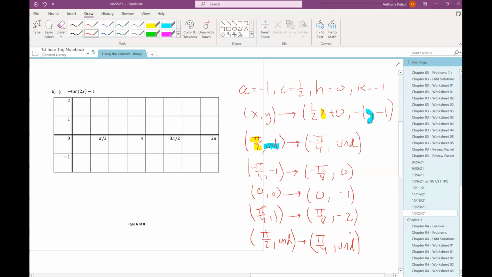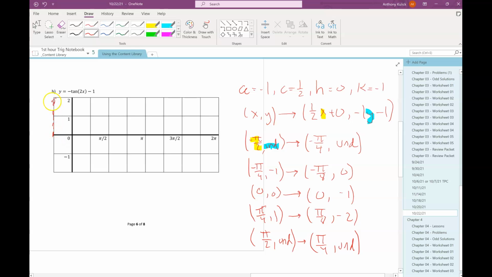Okay so far? Okay. So now I'm going to plot my points. The pieces where the y-coordinate is undefined is telling me where my vertical asymptotes are. So I notice that each grid line is pi over 4. So pi over 8 must be halfway.